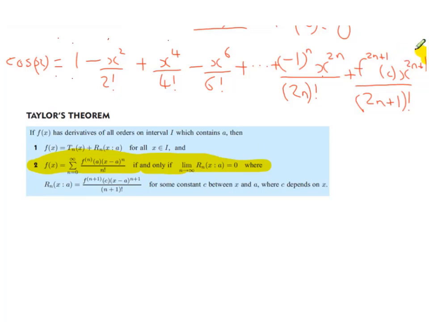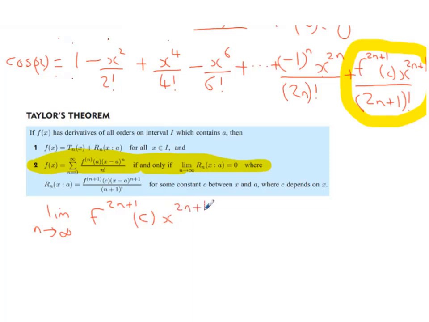So basically we need to show that the limit as n approaches infinity of f^(2n+1)(c) times x to the power 2n plus 1, over 2n plus 1 factorial, equals 0.